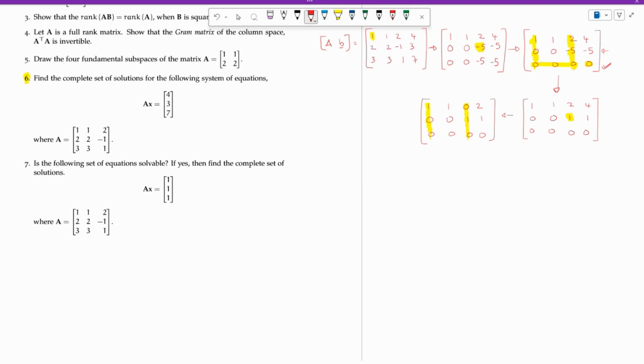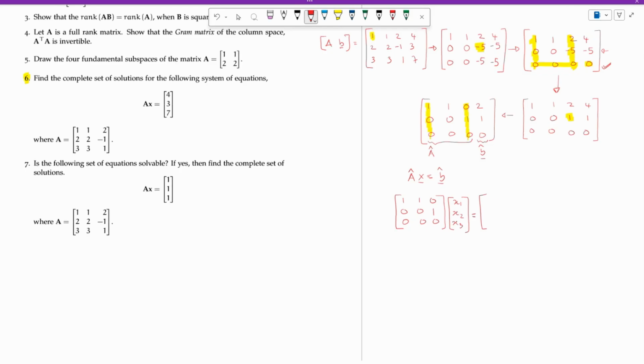Well, we simply take this and this. We'll call it A cap. We'll call it B cap. And we'll write down the expression A cap X equals B cap. Okay. So that'll be 1, 1, 0, 0, 0, 1, 0, 0, 0, 1, 2, 3.